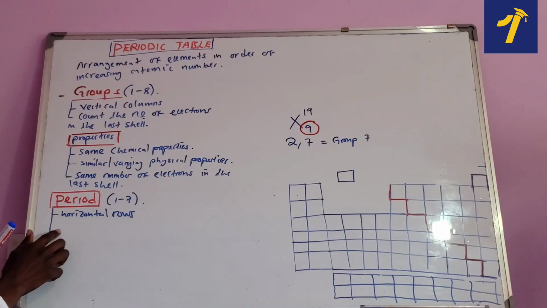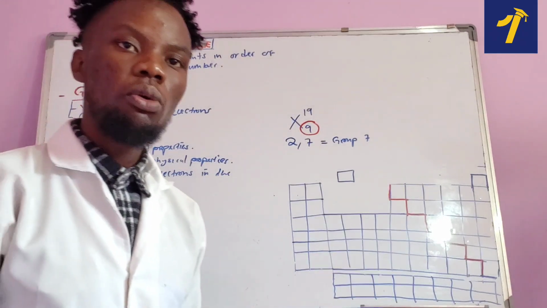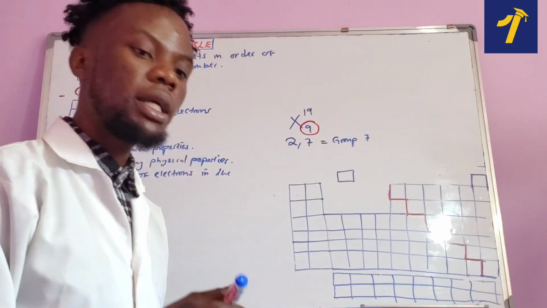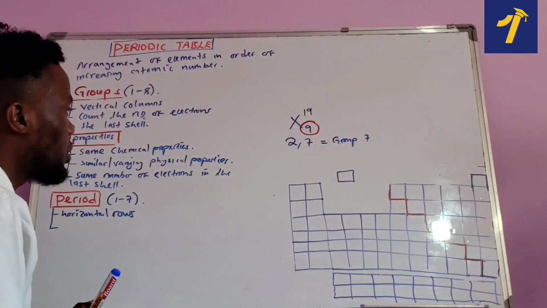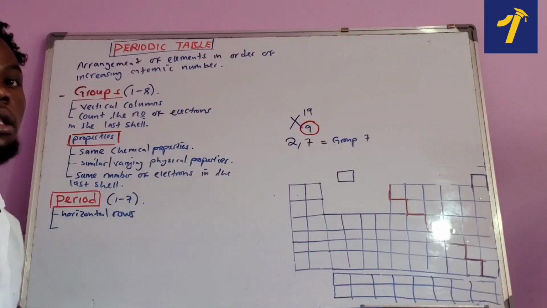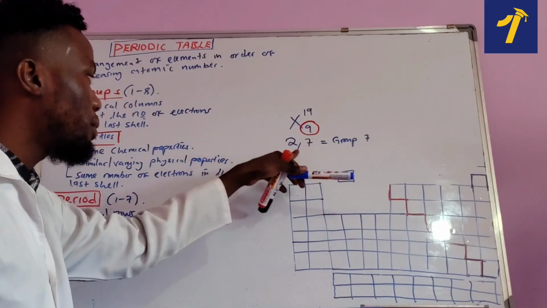Now another important question: how do you know that this element is in period 2, period 1, period 4? We come back again to the same thing that we did for element X. For this element X, we do not know the period number, although we know the group number by doing this.